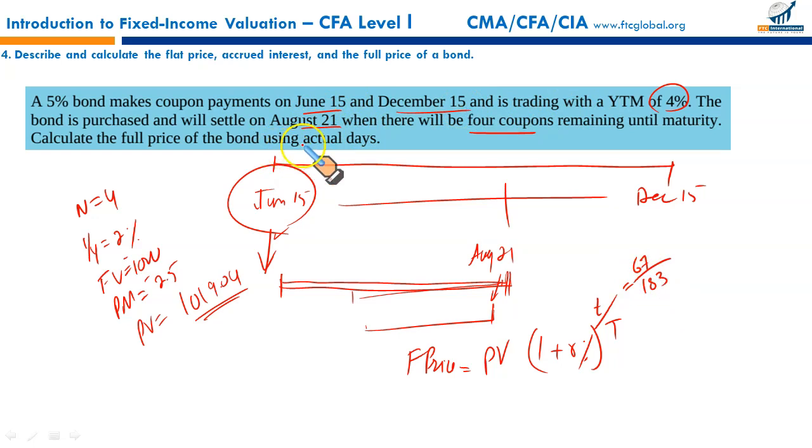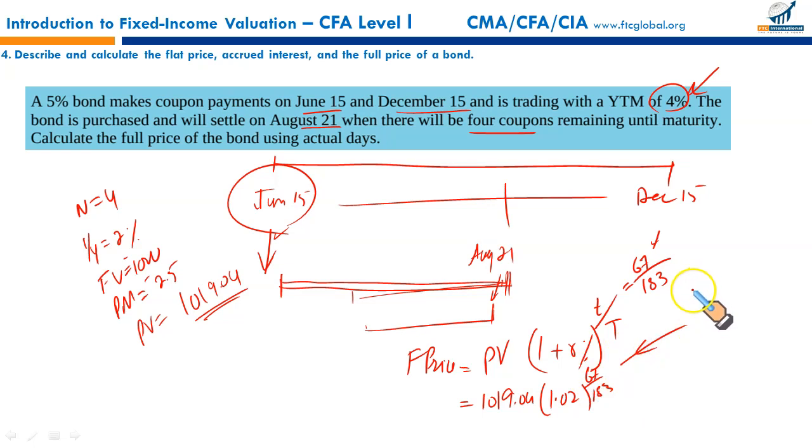Since we were required to use the actual days, we use the actual days from June 15 to August 21st and the actual days from June 15 to December 15. So let us plug in the numbers. It will give you the full price: 1019.04, times 1.02, raised to the power 67 upon 183.